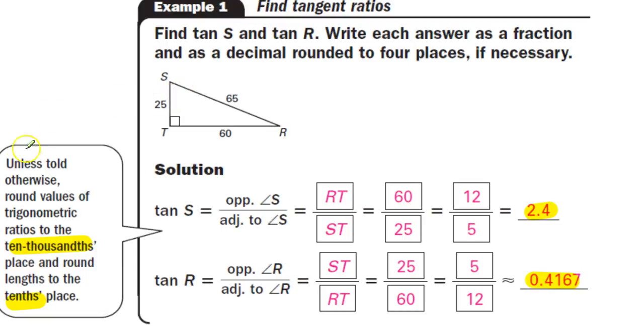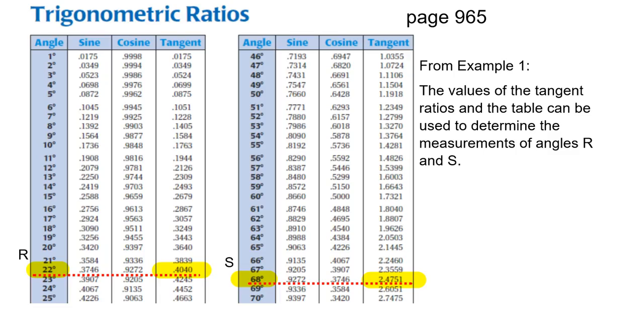Angle R had a tangent ratio value of approximately 0.4040, and if I cross-reference that over to the angle column, I see that angle R is approximately 22 degrees. If you look there in your note-taking guide, this is based on similar triangles, and all those values have been recorded.